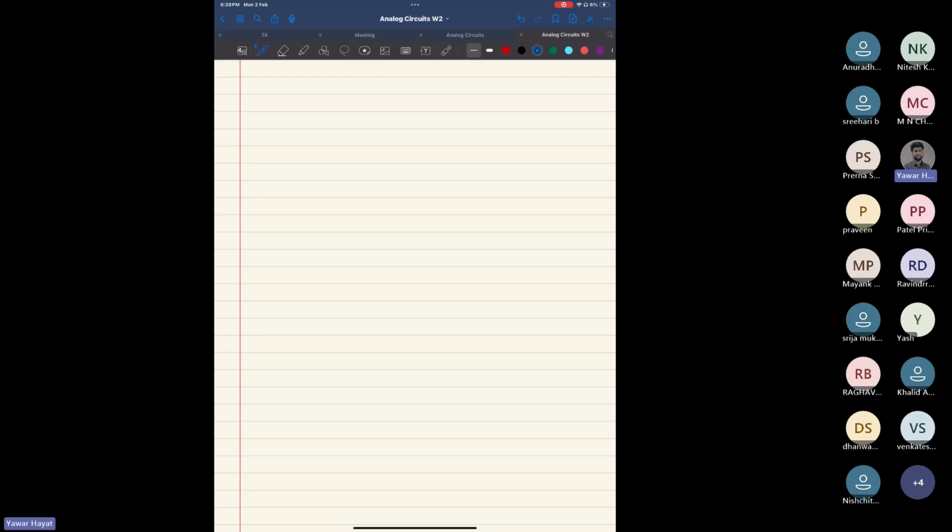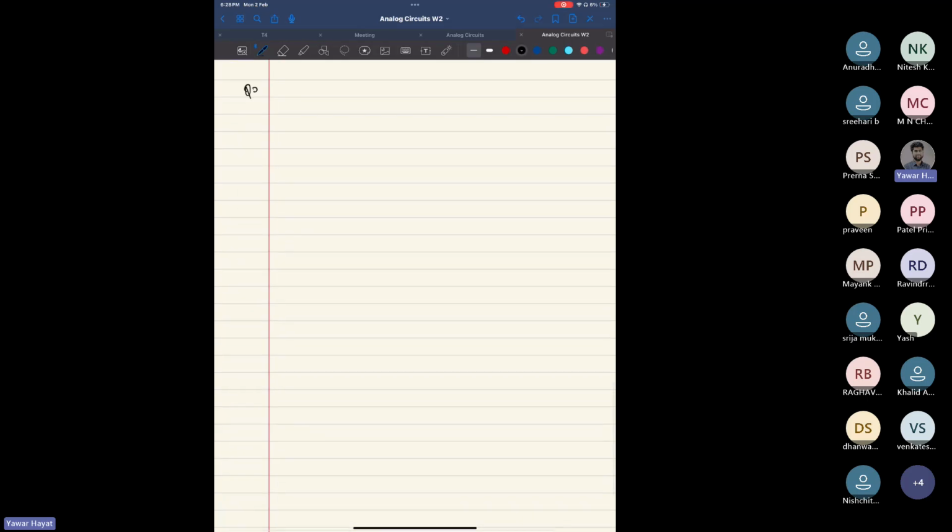Let's move ahead. Now coming to the next problem, we need to find the transfer function. This is your problem 3. Find the transfer function for the following circuit. I guess for some reason I'm not able to hear your voice, so just type in the chat.